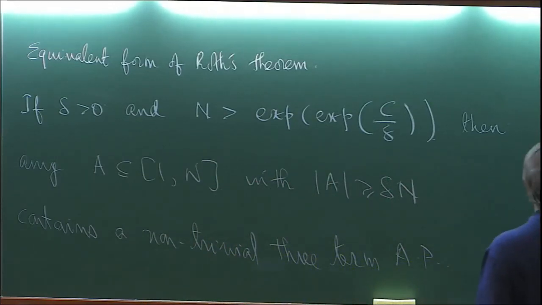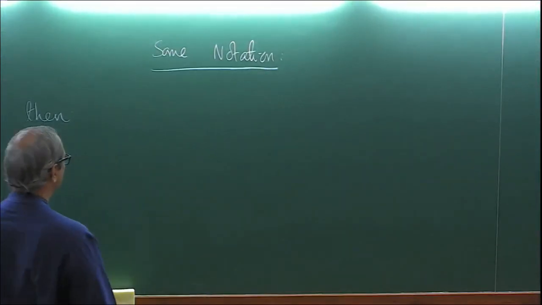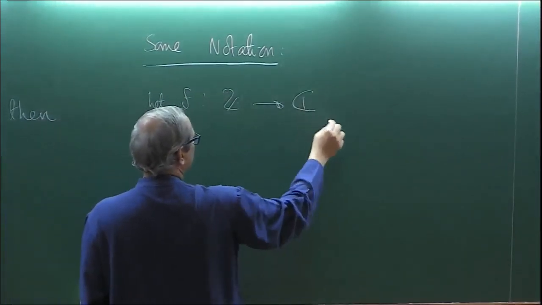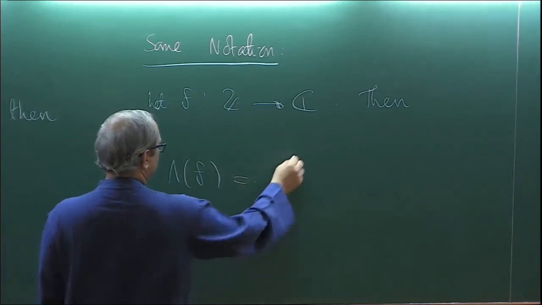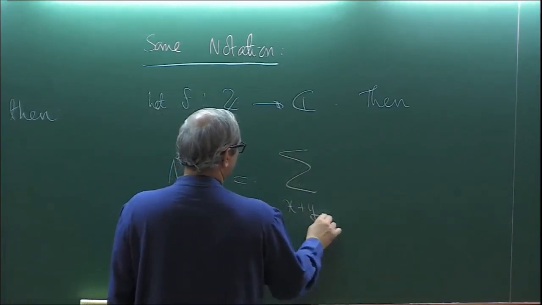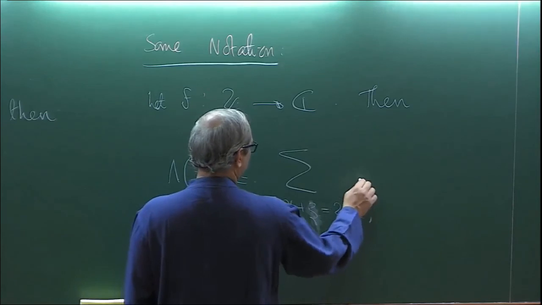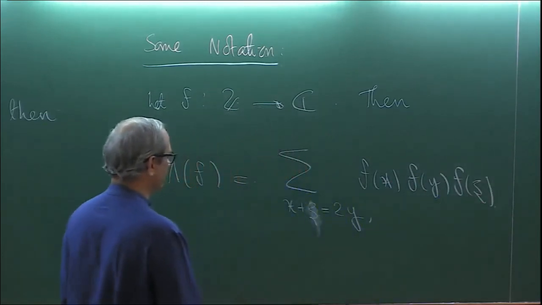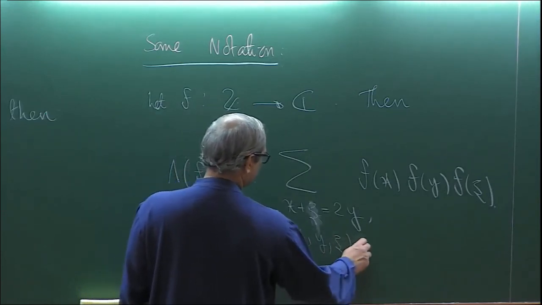So let's say some notation. Let f be any map from Z to C. Then lambda f will count the number of arithmetic progressions with x plus z equal to 2y, with weight f of x, f of y, f of z, whatever x, y, z in Z cubed.